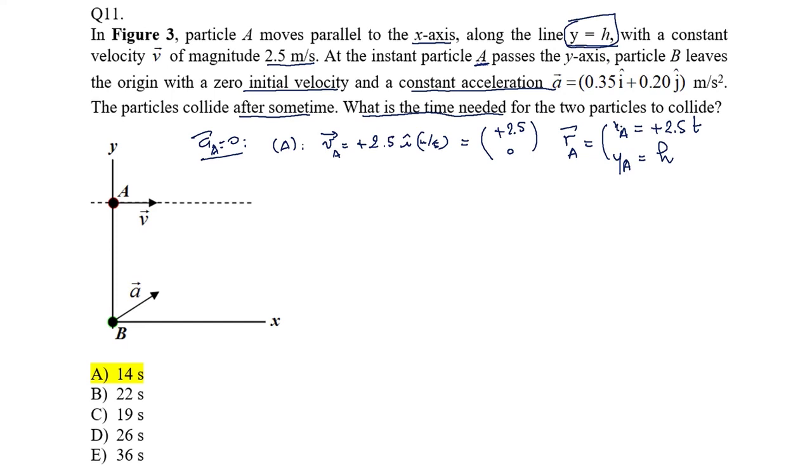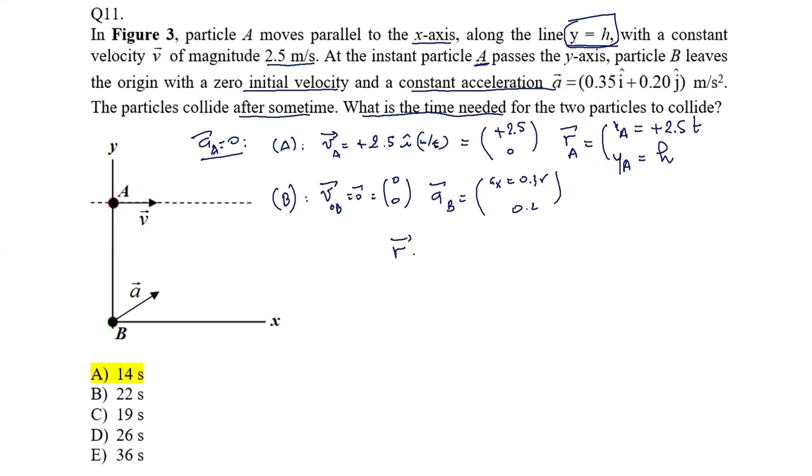Now for particle B, on the other hand, you have an initial velocity of particle B, which is 0. Basically 0 along x, 0 along y. But the acceleration of particle B is what? AXB is equal to 0.35 and AY is just equal to 0.2. And it's constant.